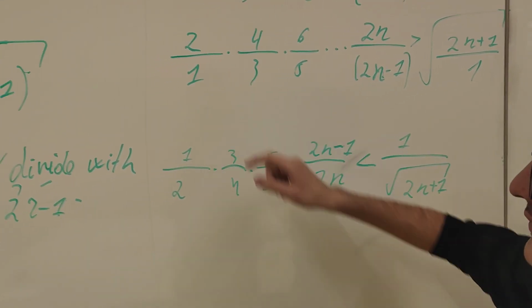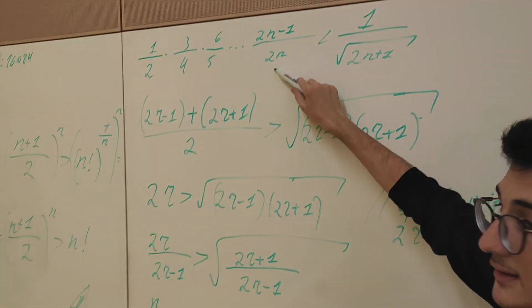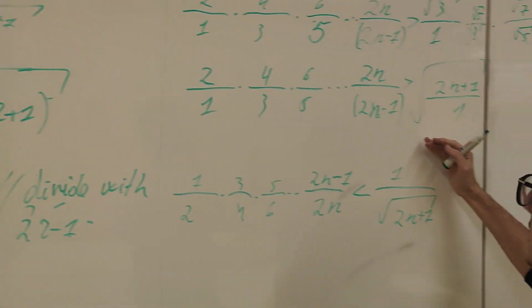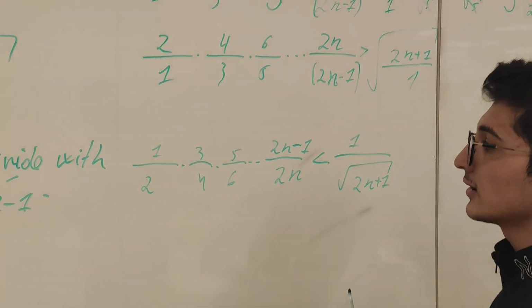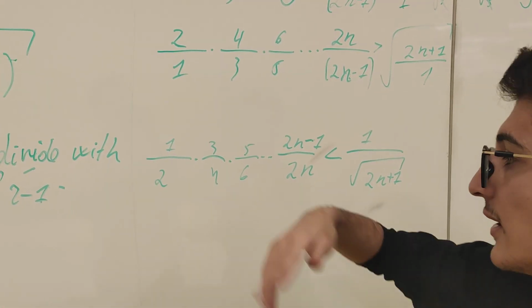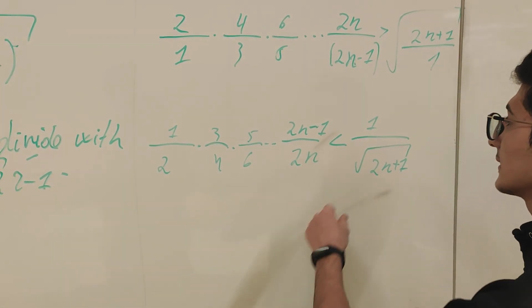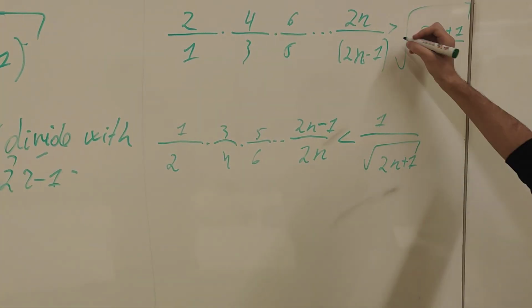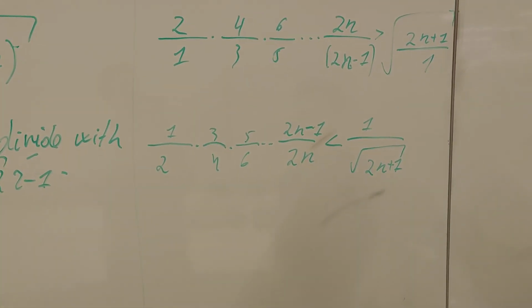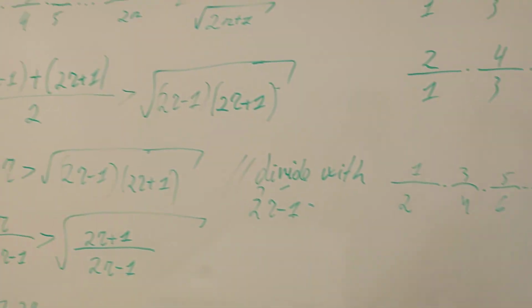And as you can see, we have the inequality we need to prove, but not yet in the right form. How to change it? We convert it by taking reciprocals of both parts, and when we convert it, we change the sign of the inequality as well, and we get our final inequality.